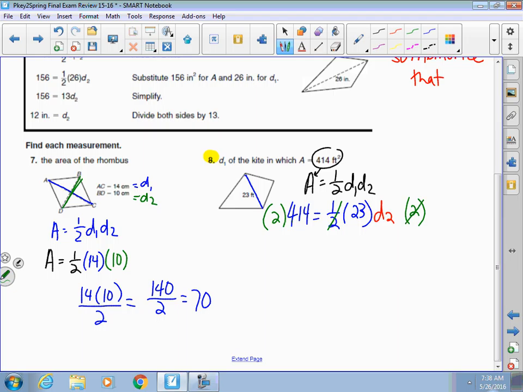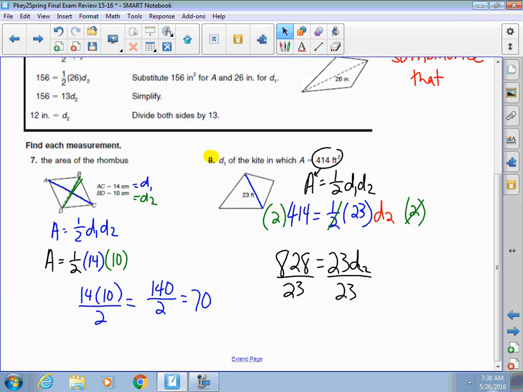And then when I double 414, that gives me, I'm going to write that, 828 equals 23 D2. And so now all I have to do to solve for D is divide by 23. You do this. I'm not doing that, but you do need to work it all the way through.